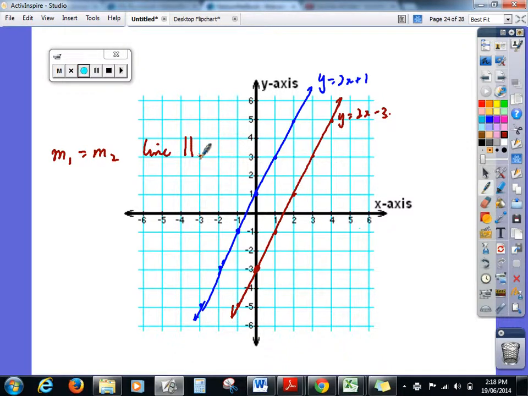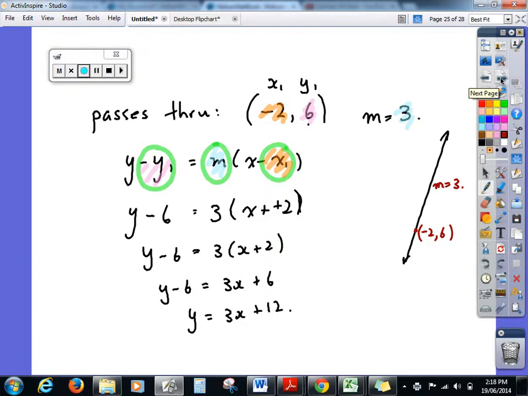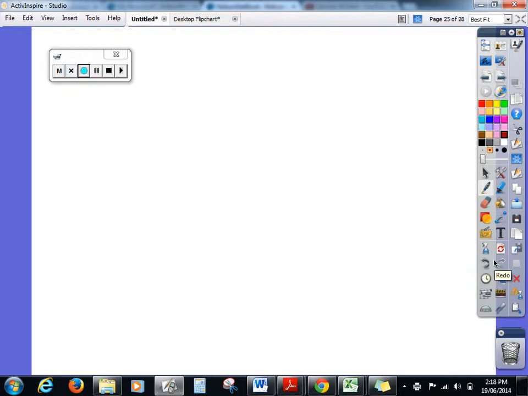The condition for perpendicular lines is that, oops, sorry, that's the last lesson, that if m1 times m2 equals -1, then m1 is perpendicular to m2.